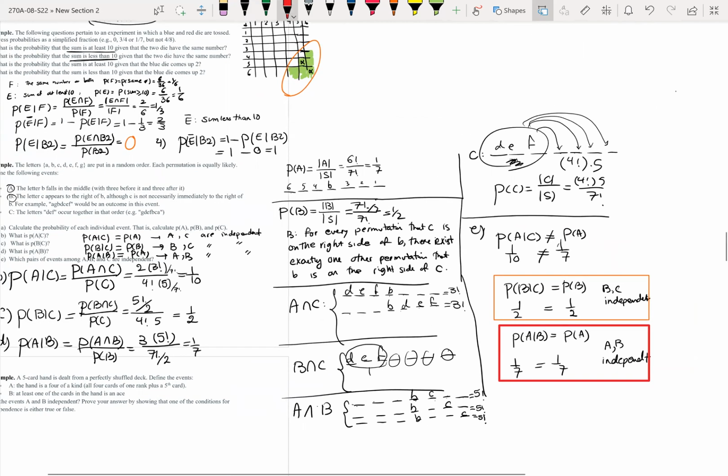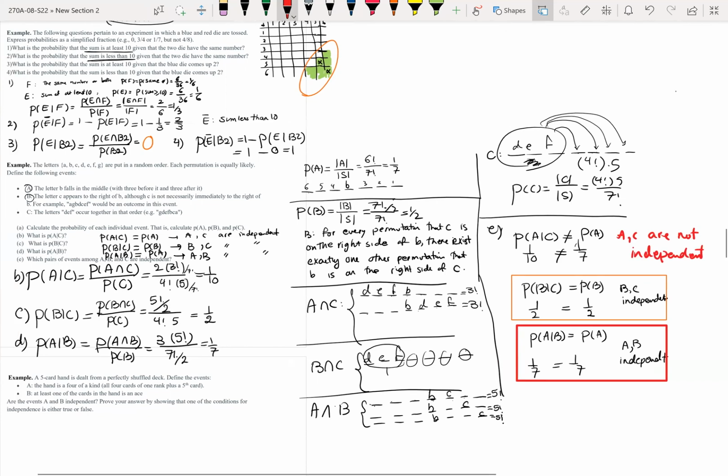B is the event that says letter C appears to the right side of B. They are independent. It makes sense that B and C are independent, but it's interesting why A and B are independent. It's because both of them depend on the position of B. Only A and C are not independent, but the rest are independent. Make sense?